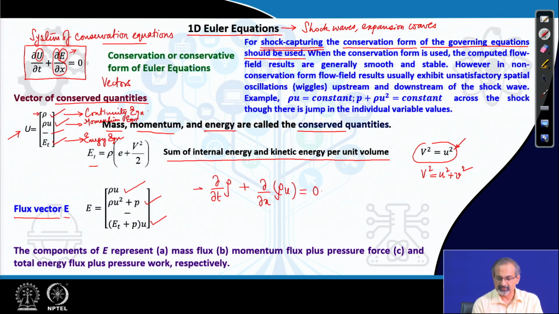So, this basically gives you the continuity equation, by taking the first elements from U and E vectors and applying the partial derivatives on them. Likewise, you can get the forms for the momentum equation as well as the energy equation, which should be straightforward.